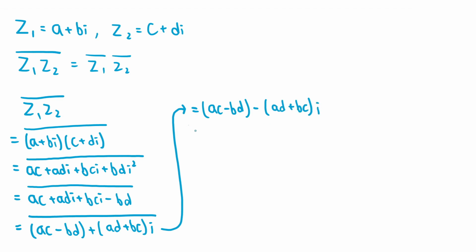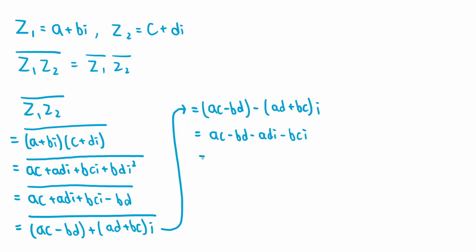If we expand out the terms, this is equal to ac minus bd minus adi minus bci. So now we need to factor this expression, and we're going to apply a little trick. We know that i squared is equal to -1, so we should rewrite the second term as bdi squared instead of -bd.